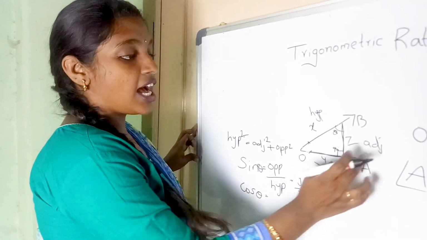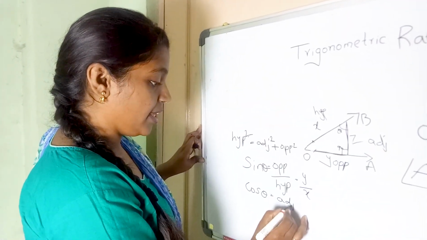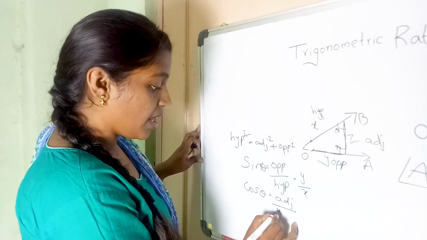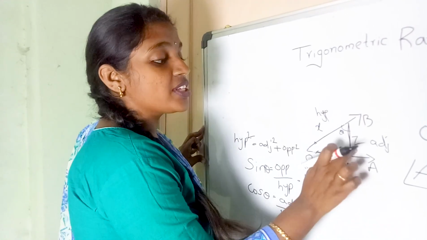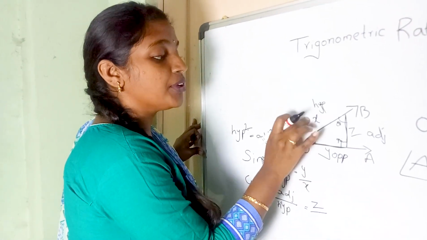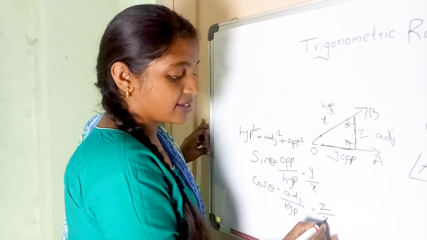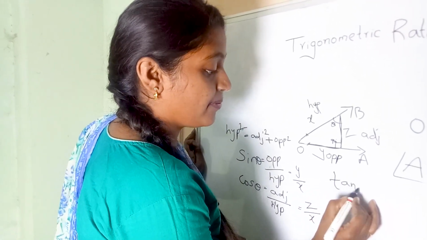Similarly, cos theta is adjacent by hypotenuse. Here the adjacent value is z and the hypotenuse value is x, so cos theta is z by x. Similarly, you can find the value for tan.